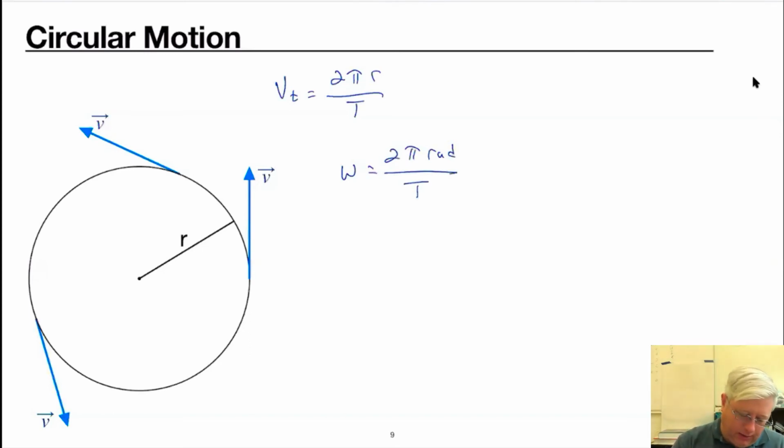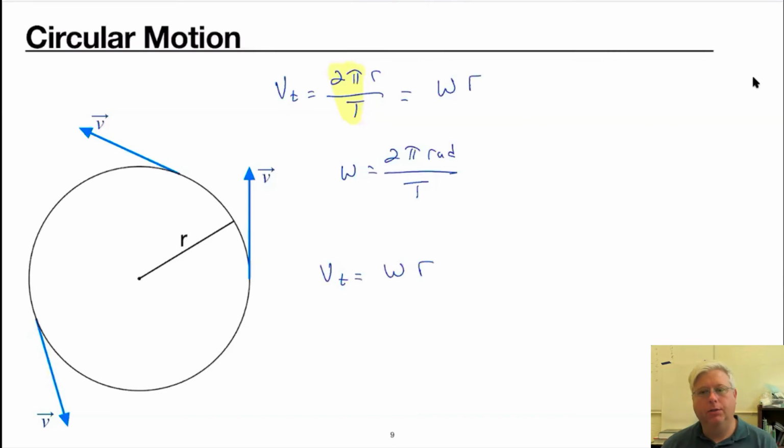So essentially, if we substitute that in, we could say, well, that's just omega times r.